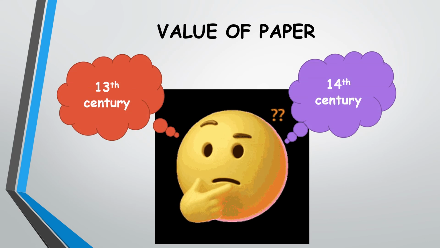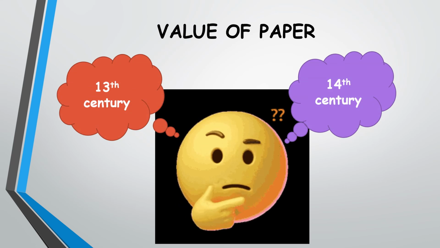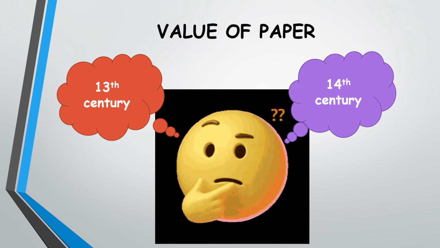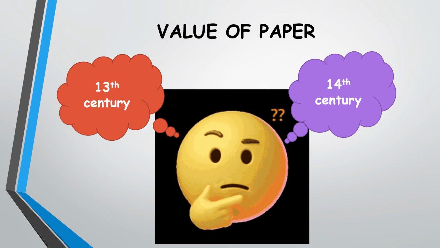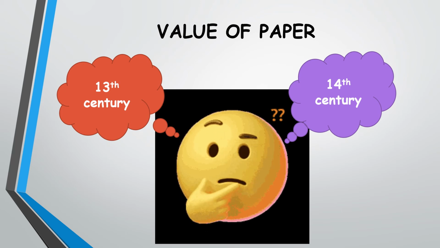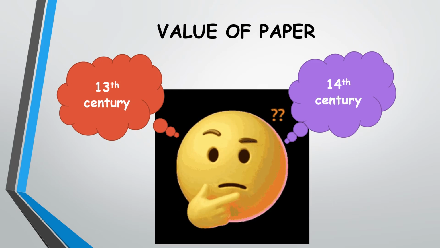In the middle of the 13th century, a scholar wanted to copy a book, but he did not have enough paper. So he washed the writing of a manuscript he did not want, dried the paper and used it again. Whereas a century later, in the 14th century, if you bought some food in the market, you could be lucky and have the shopkeeper wrap it for you in some paper.